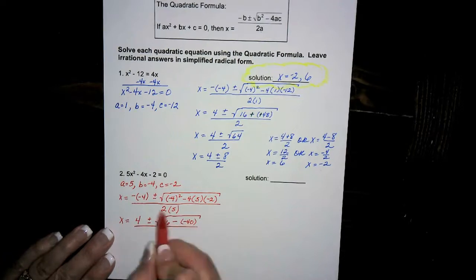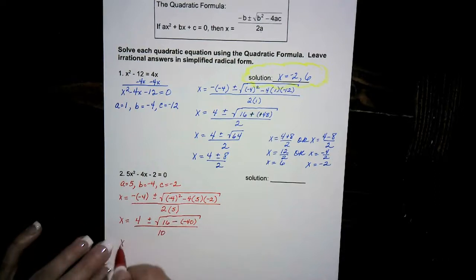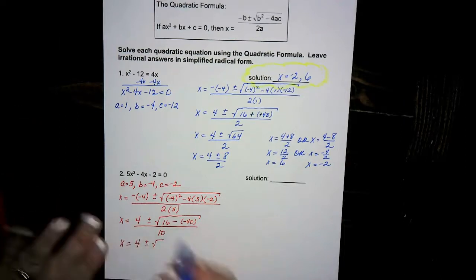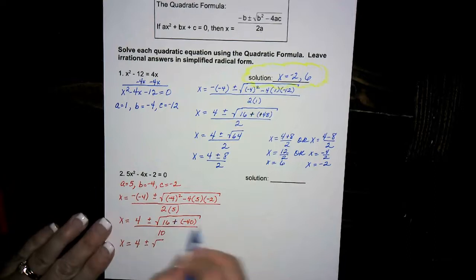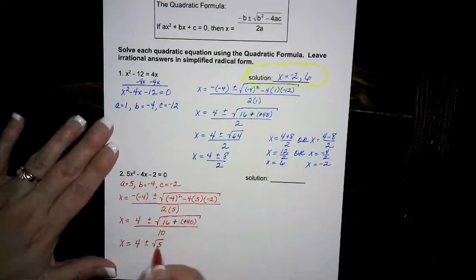And then divided by 2 times 5 is 10. All right, so that gives me 4 plus or minus, working underneath that square root just like we did before. We're going to change that minus to a plus only by changing the sign of the very next number. And that gives me square root of 56.